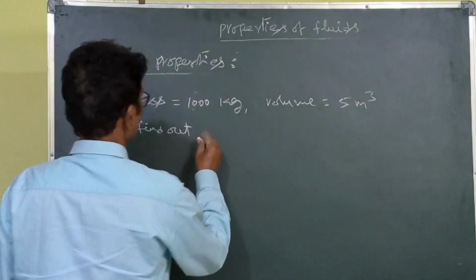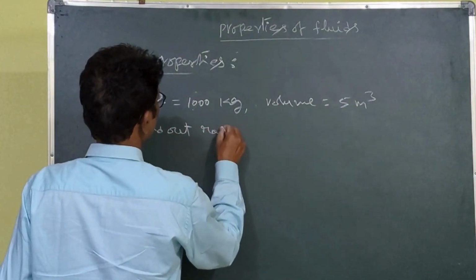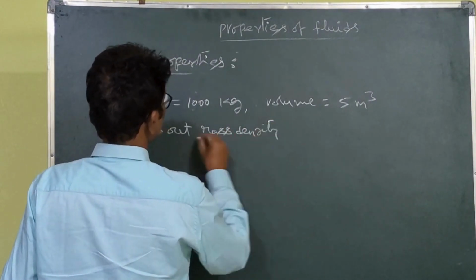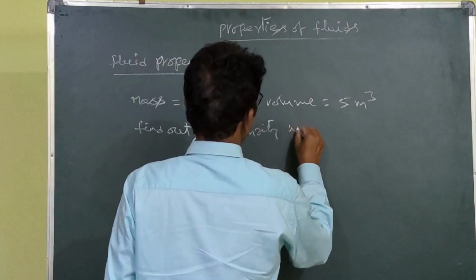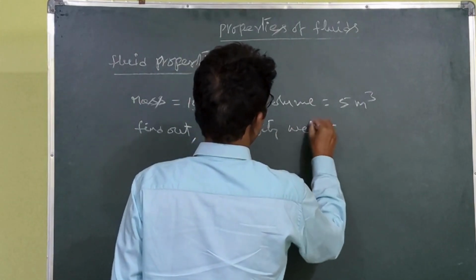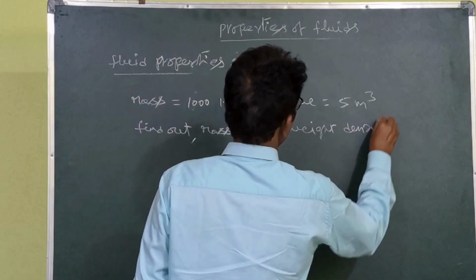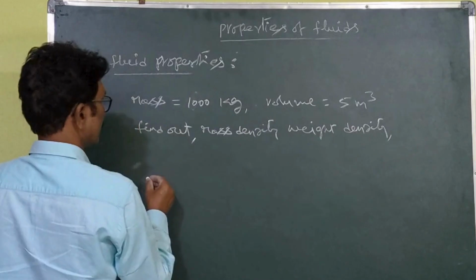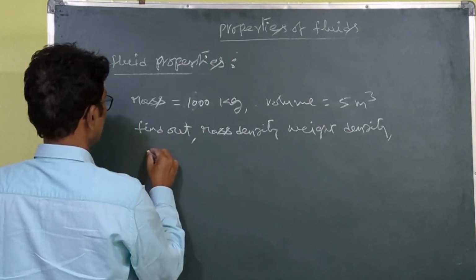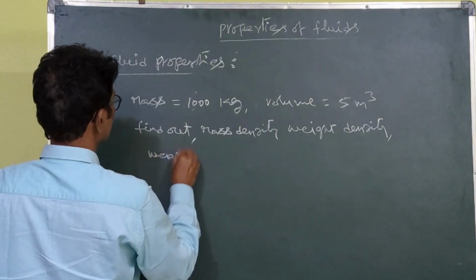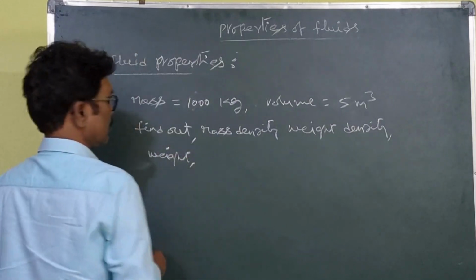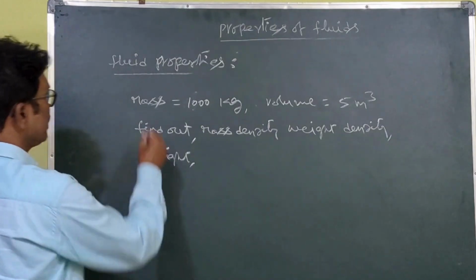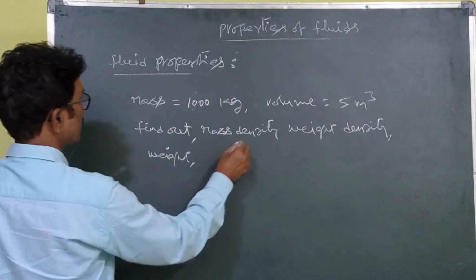Find out the mass density, weight density, weight. Okay, so these things we can calculate. First we have to find out the mass and the volume, then we can find out the mass density.